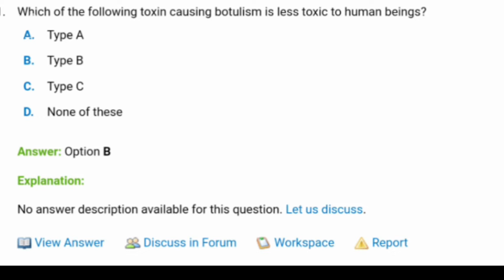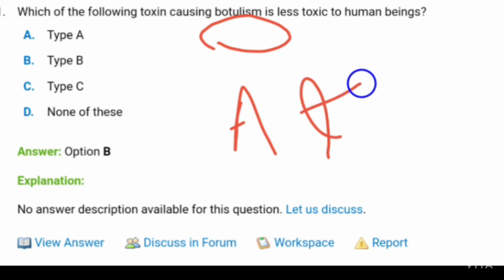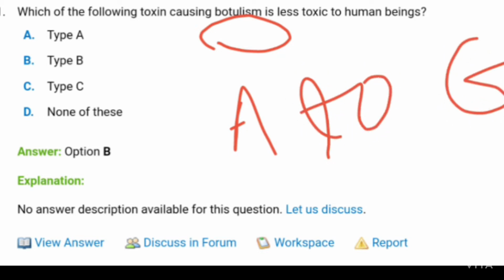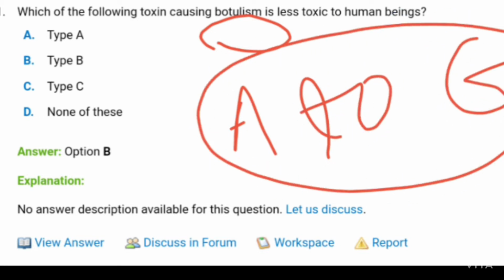There are different kinds of botulinum toxin, types A to G. Out of that, type B is less toxic. So our answer is: type B is less toxic.